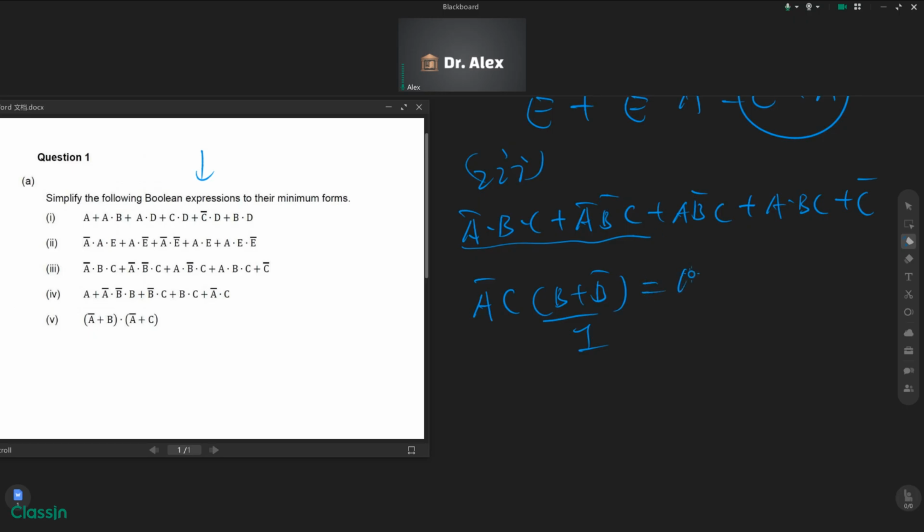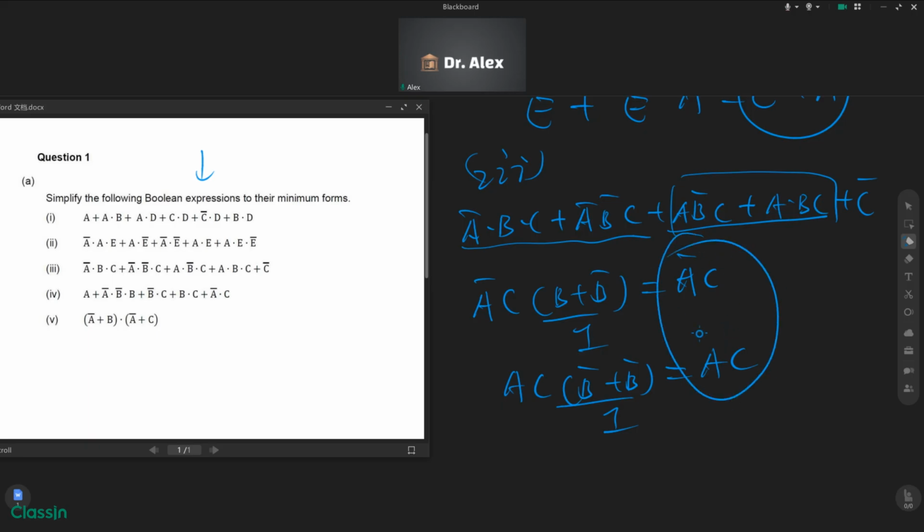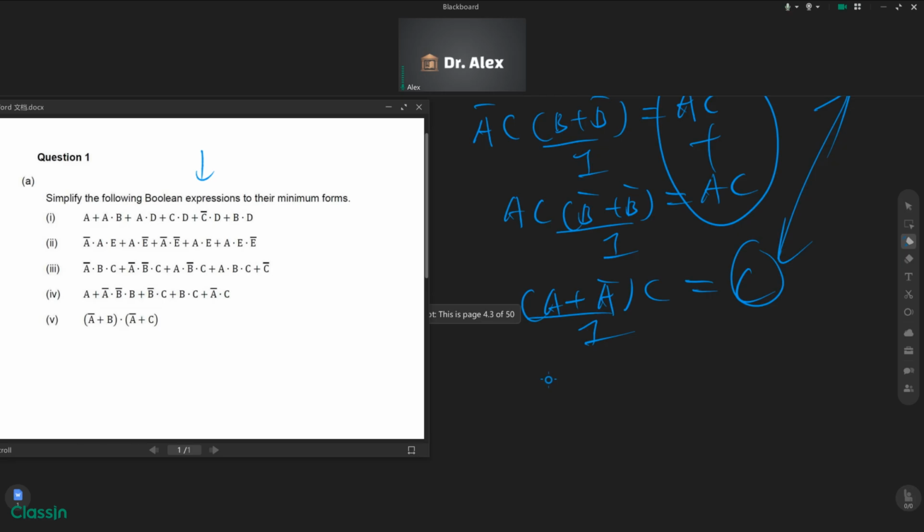So the first two is not A and C. And we look at these two items. We can get A, C, not B or B. This is 1, so this is AC. And we add these two items, which is A or not A times C. This is 1 and this is C. So the final result is C or not C, which will always be 1. It's quite straightforward.